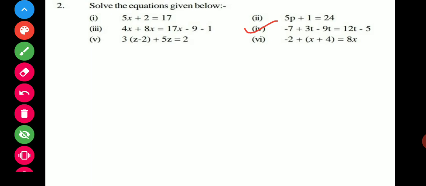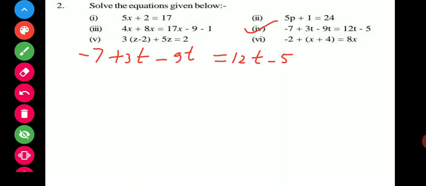Come to the fourth question. It is minus 7 plus 3t minus 9t is equal to 12t minus 5. What happened in this? Like terms are sent to one side.